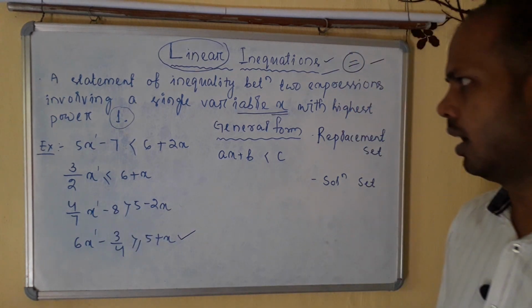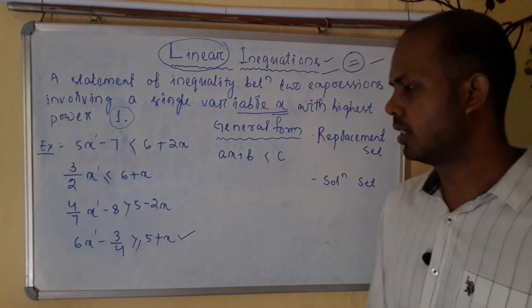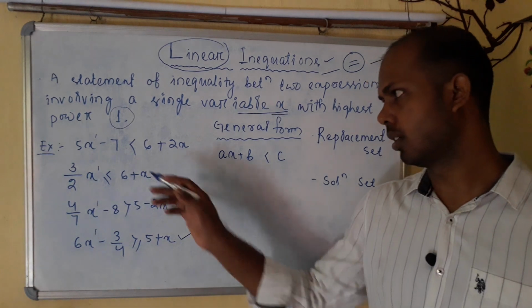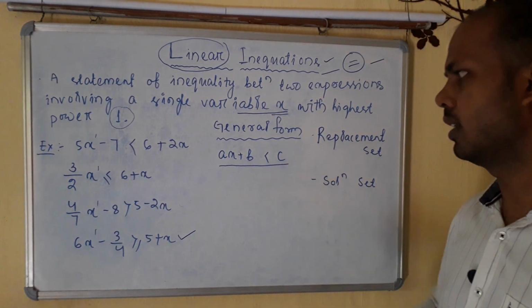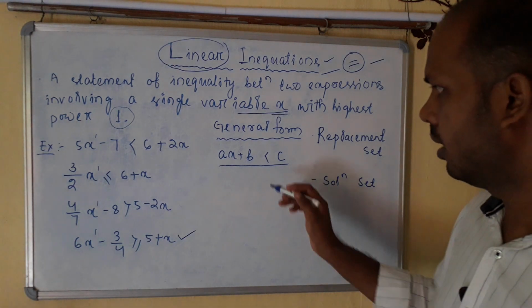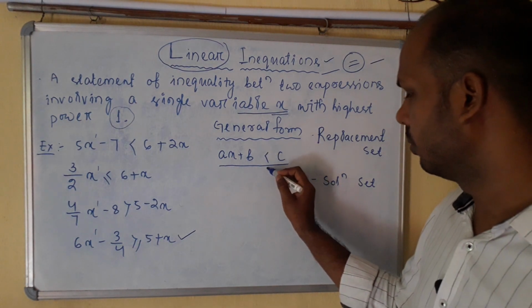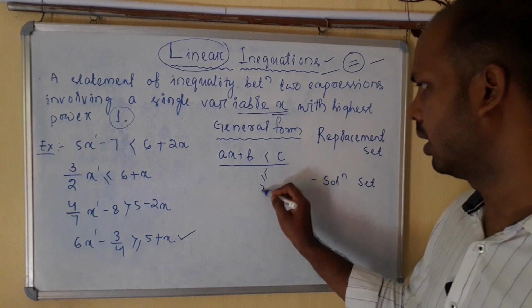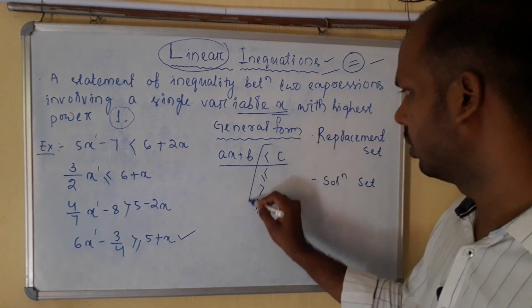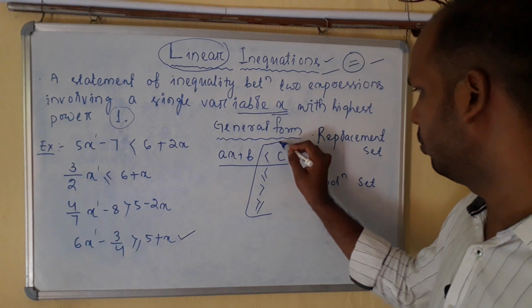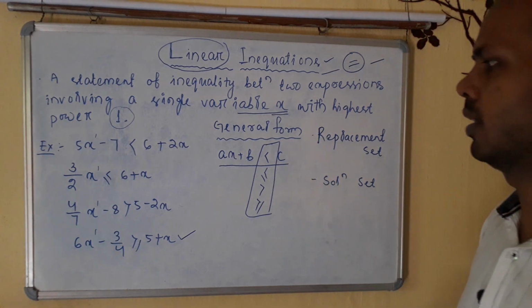Next, what is the general form? General form means we can say ax plus b less than c, and here less than we can take less than or equal to, greater than and greater than or equal to. These four are used for inequations.